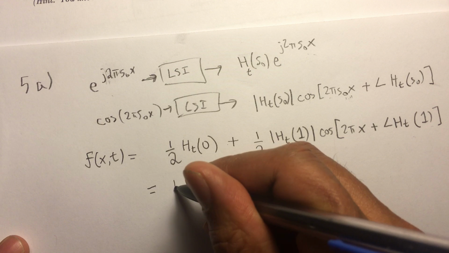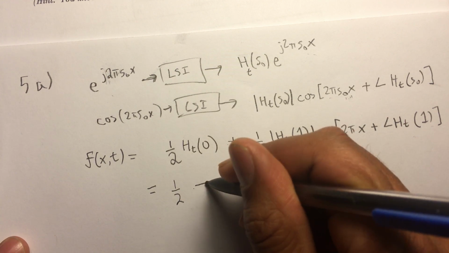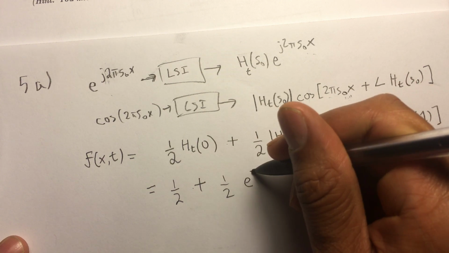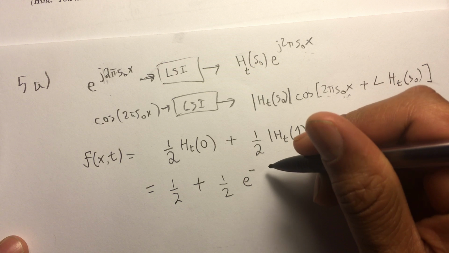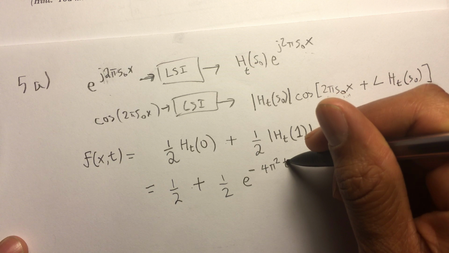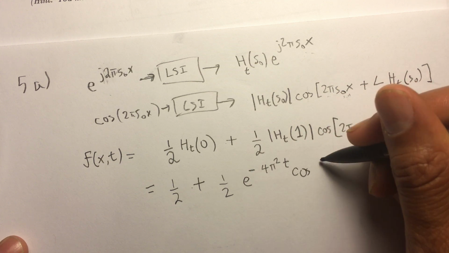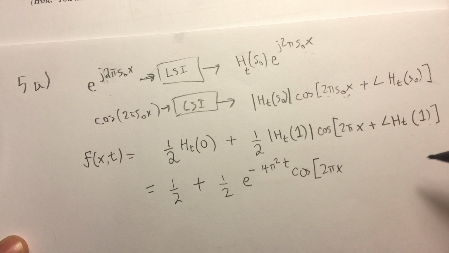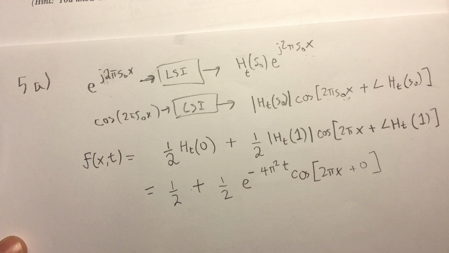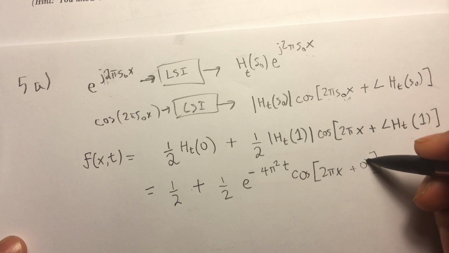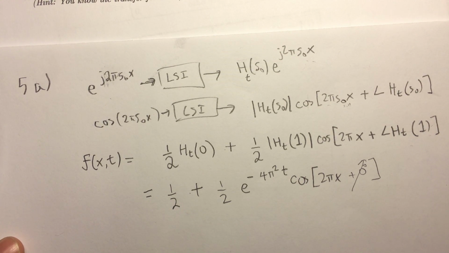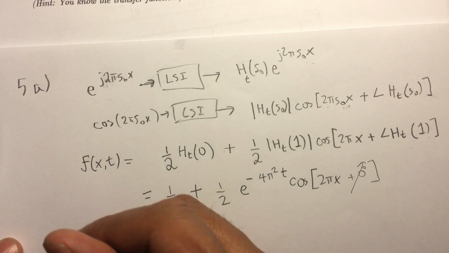Okay, so this is equal to 1/2 plus 1/2 e to the minus 4 pi squared t cosine 2 pi x, and then of course the phase is 0, zero-degree phase shift. All right, so that's how you get the solution.